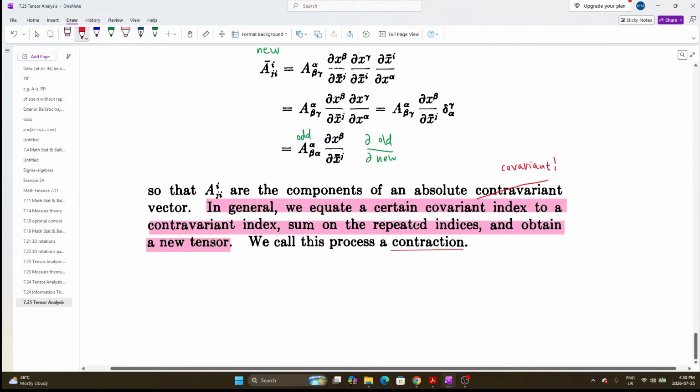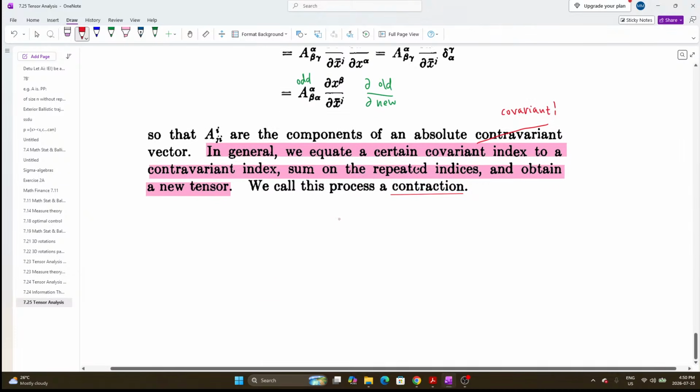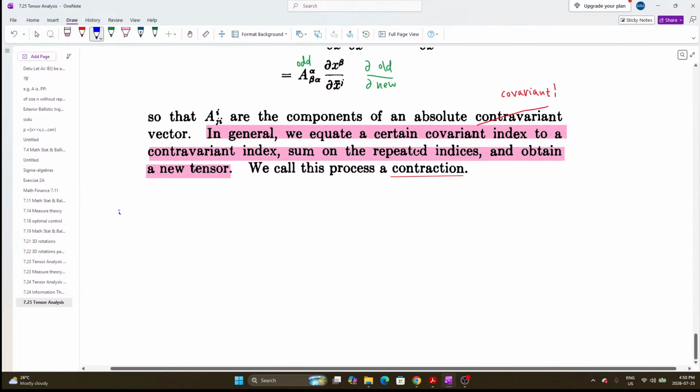All right, so the next operation is called the quotient law. Let me write down the quotient law. The quotient law works as follows.